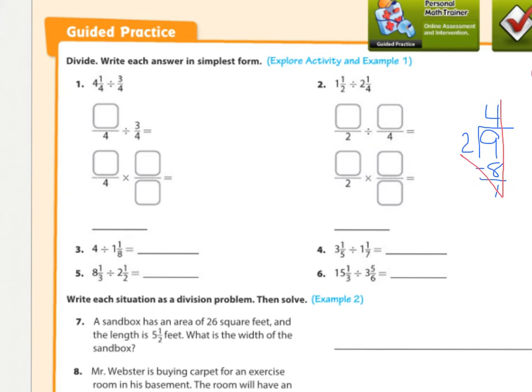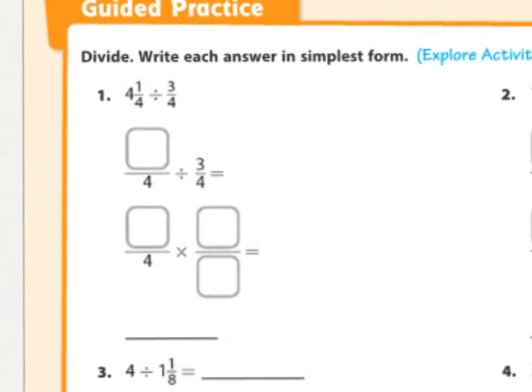We have some problems here that we're going to work. This is a little fill-in-the-blank activity, and what we have to do first is get mad at these numbers. So that's going to be 17/4, and then it's 17/4 divided by 3/4. And then they did keep, flip, flip.